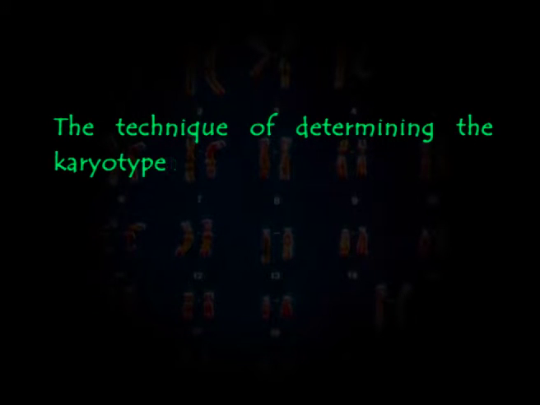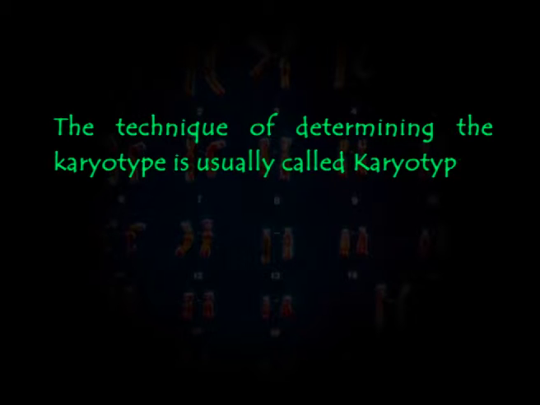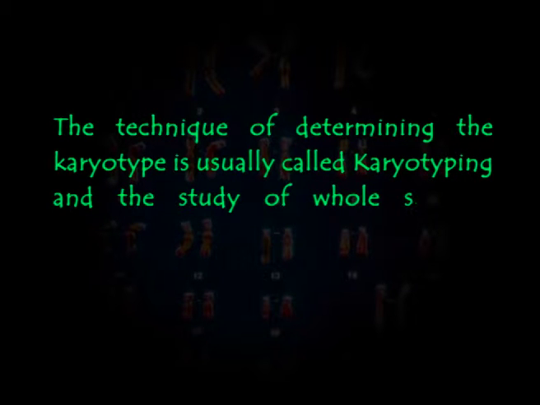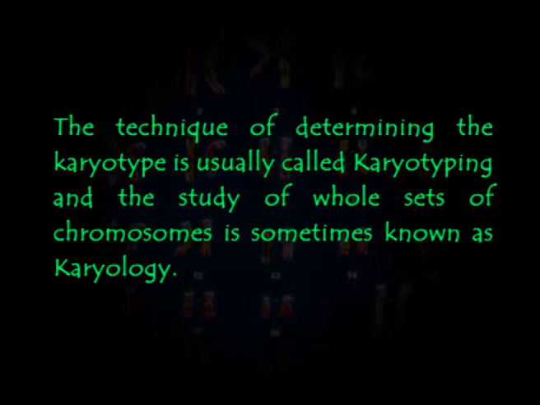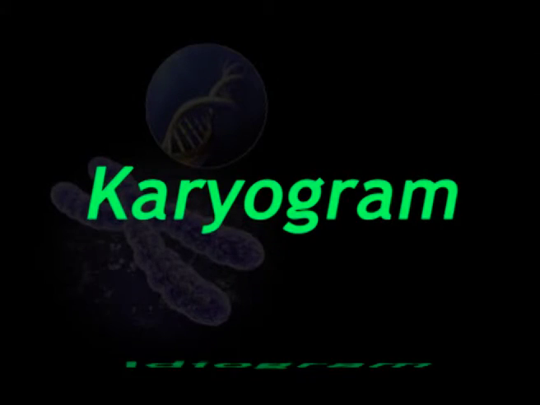The technique of determining the karyotype is usually called karyotyping. And the study of whole sets of chromosomes is sometimes known as karyology. And when chromosomes are arranged in a standard format, that means in pairs, because chromosome usually occurs in pairs, according to the size and position of centromere, then it is known as a karyogram or a diagram.